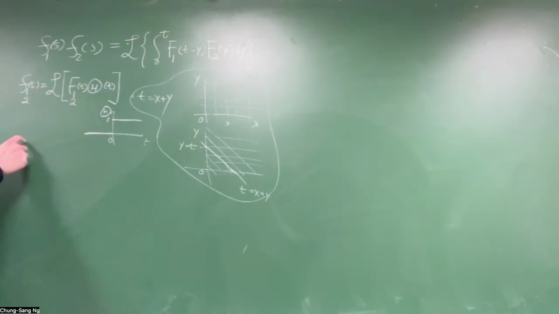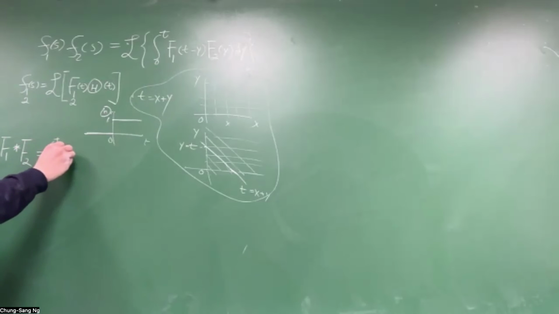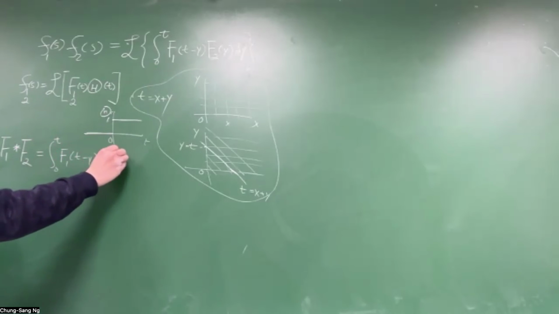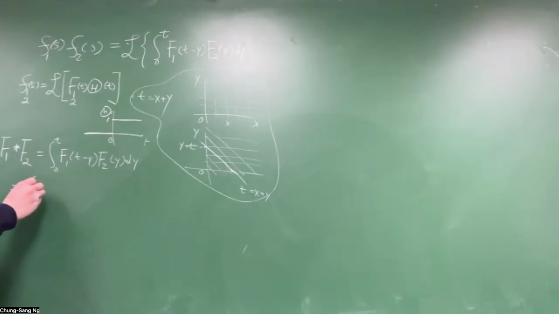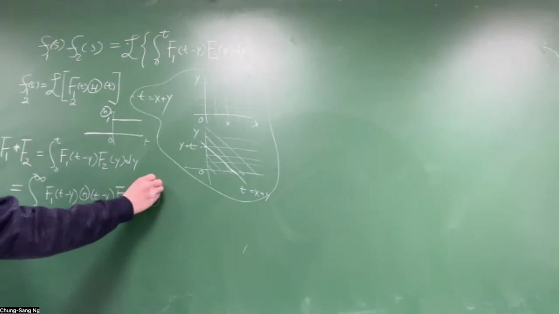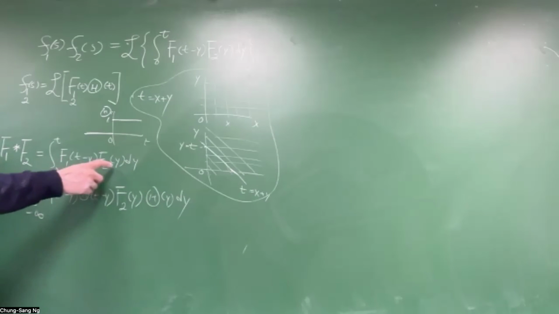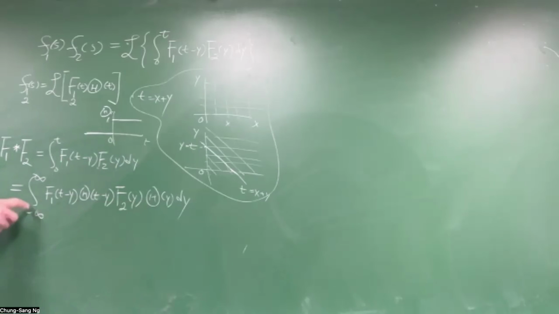Then we can see that this convolution, if you multiply by the step functions for f1 and f2 respectively, you can extend it from minus infinity to infinity, and this will give you exactly the same result.